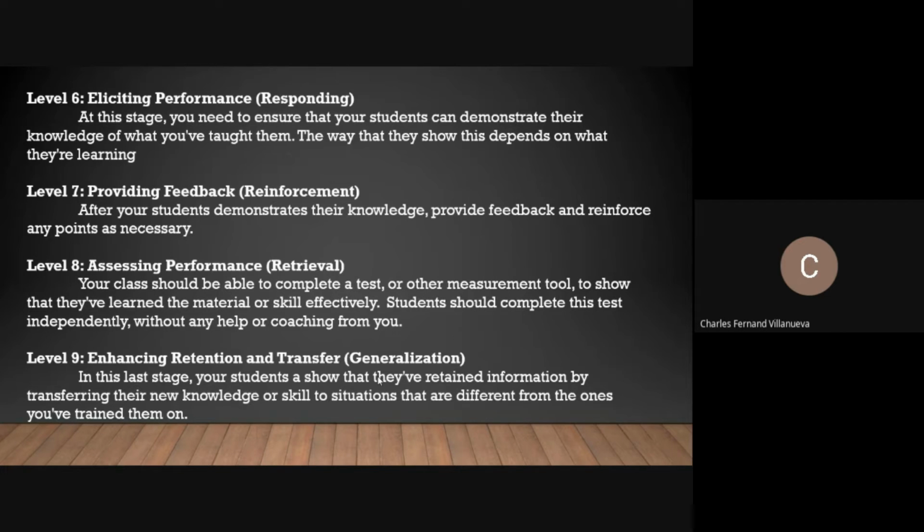Level 7, providing feedback. Generally speaking, feedback should be personalized, constructive, positive, and immediate. There are a few unique types of feedback with specific purposes: remedial feedback, descriptive or analytic feedback, and so on.